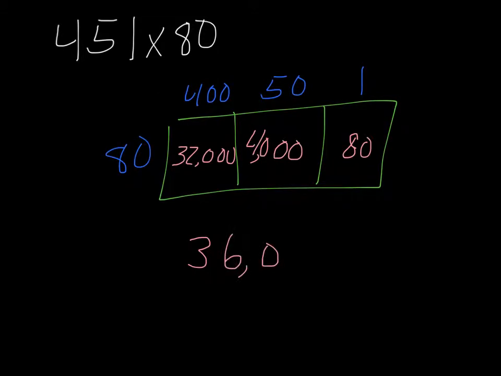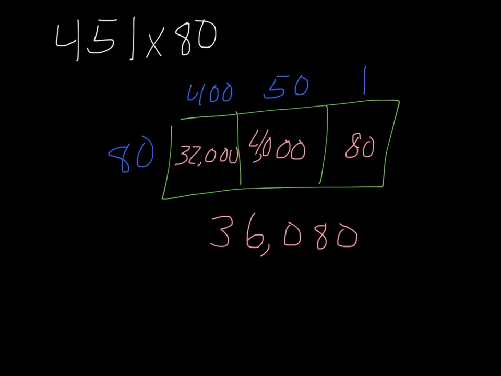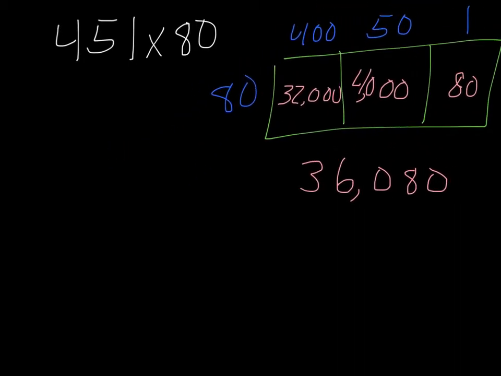Okay, 0 hundreds, 8 tens, and there's my final product. Okay, we could also use the distributive property like we talked about before, where we have 80 times 451, and remember we're distributing that to each piece.